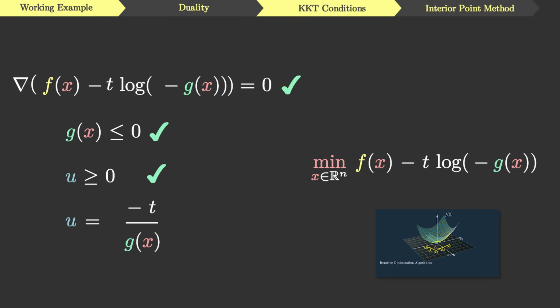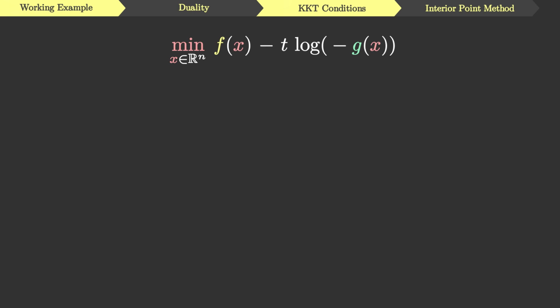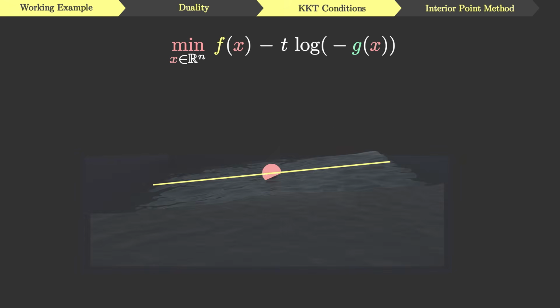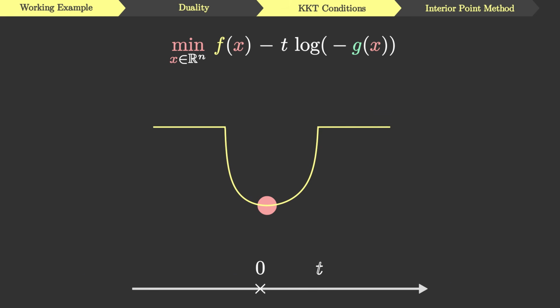There is a nice geometric interpretation behind this minimization problem. It is as if the penalty term for violating the constraint was given by the log function, and the scalar t controls the degree of this penalty. The issue here is that we want to take t to be as small as possible so that the penalty term doesn't affect our objective value too much.